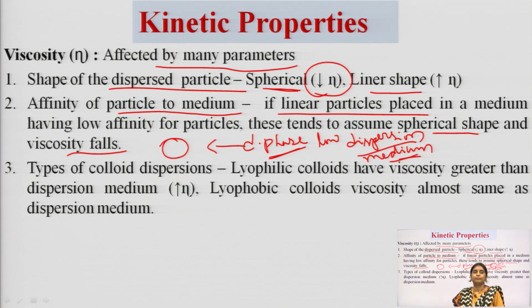So, as it takes a spherical shape, the viscosity decreases. Then comes the type of colloid dispersion. As we have studied, lyophilic colloids have higher viscosity compared to that of the dispersion medium. Why?